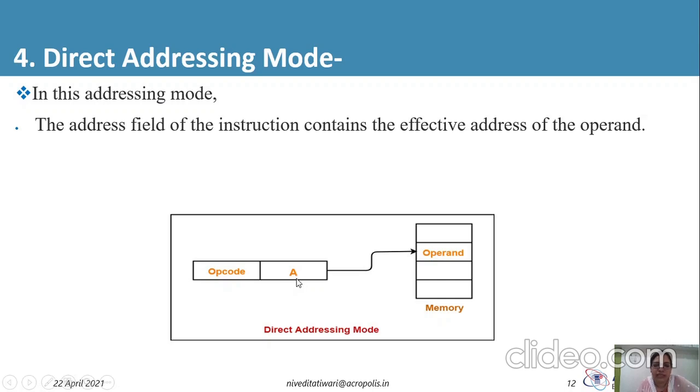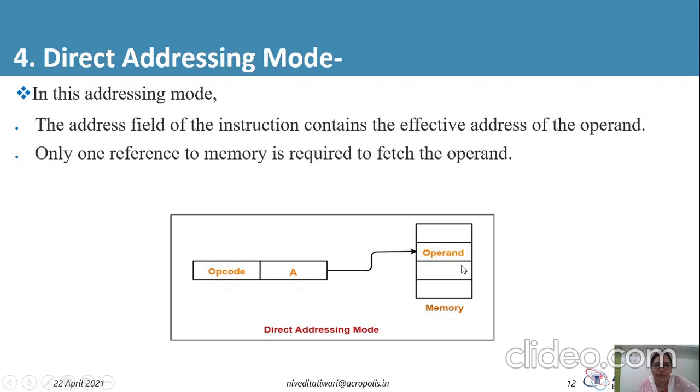So in case of direct addressing mode, this A represents the effective address of the operand, and this address field refers to some memory location. At that memory location the operand value will be available. So here a memory reference is required to fetch the operand one time only.